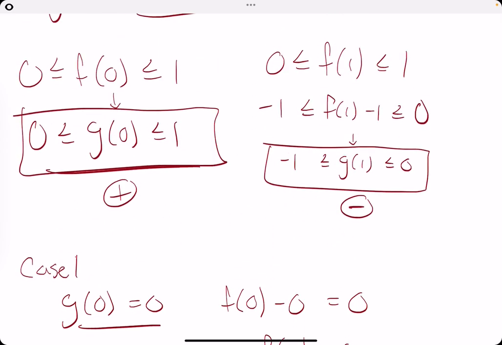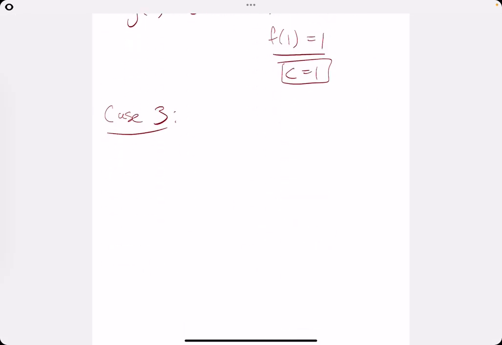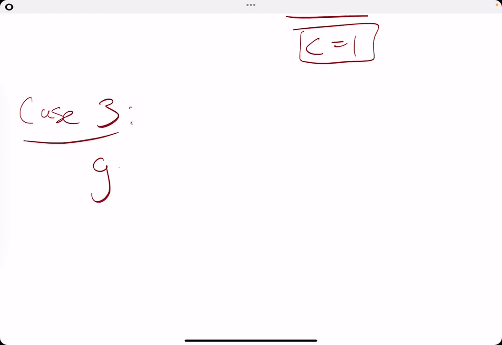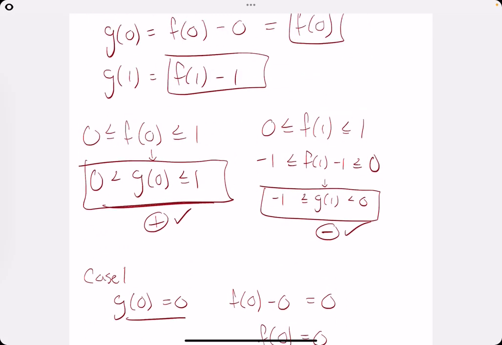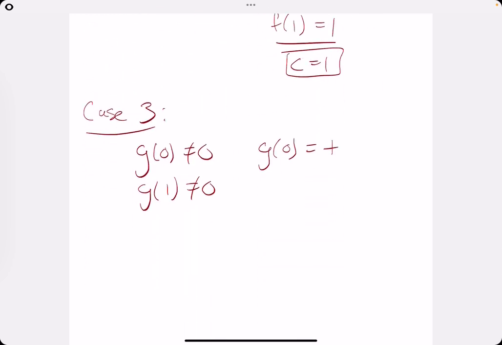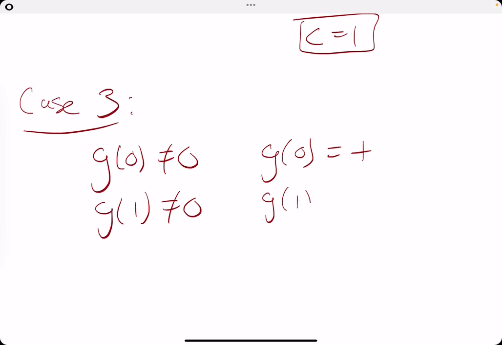would be, once again, if g of 0 is not equal to 0, and g of 1 is not equal to 0, that does show that g of 0 is positive and g of 1 is negative. So case 3 is, again, g of 0 not 0 and g of 1 not 0, which then confirmed that g of 0 was positive and g of 1 was negative, right?